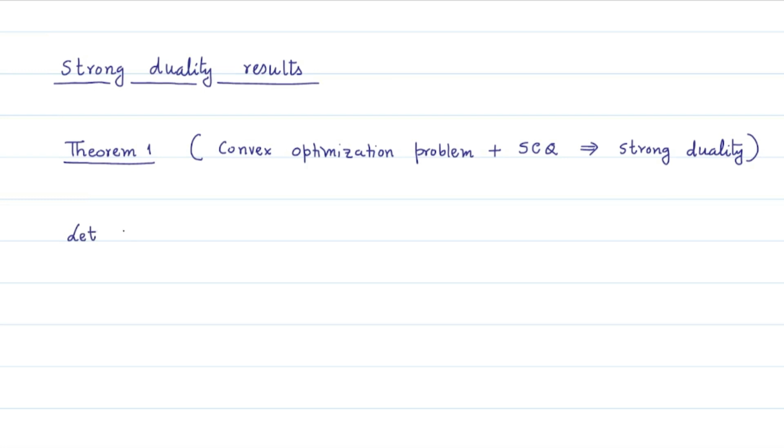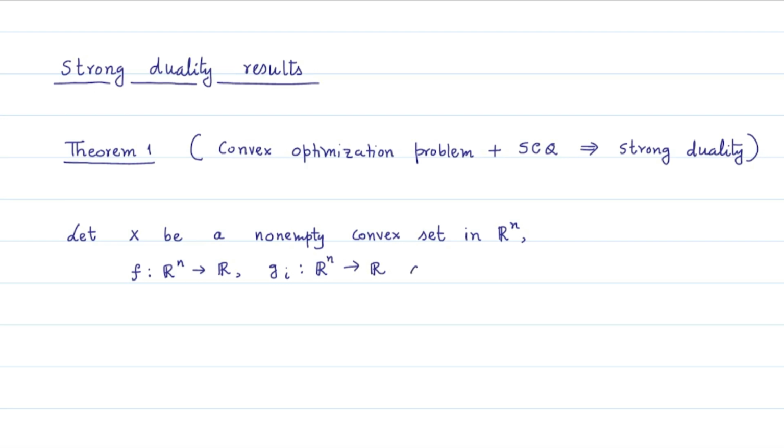That is, we take the set capital X to be a non-empty convex set, and the objective function f and the constraint functions all gi are convex functions, and the functions for the equality constraints are affine functions.